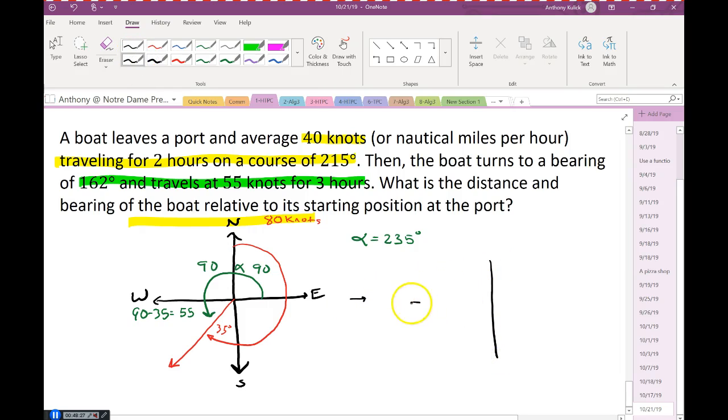So, just in a little bit of a cleaner position, we have this guy here. I want to know its horizontal and vertical movement.